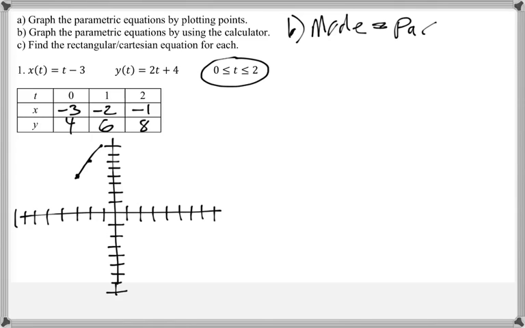That's just identifying the number of the equation. So I want my x1 of t, meaning my first x equation, to be t minus 3. And you'll notice that your variable key now, instead of typing x or theta, types t. And then my y1 of t to be equal to 2t plus 4.